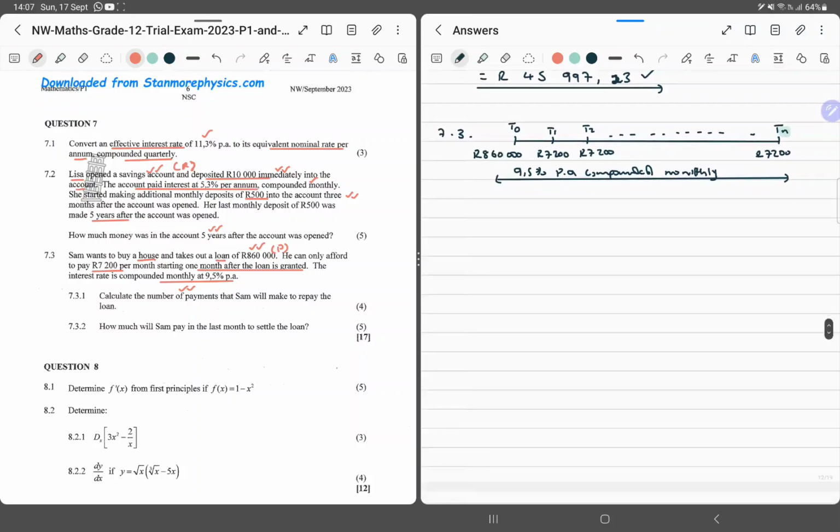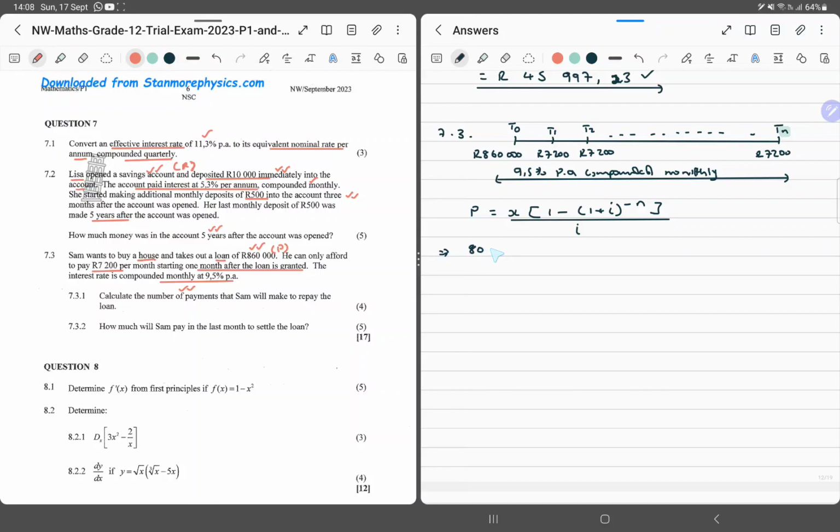Not a problem. We know that the present value calculation says we've got x into 1 minus (1 plus i) to the exponent minus n, all divided by i. Easy. Now, folks, I don't know how you like to do this. For me, substitutions in financial maths, maybe, but I don't like to complicate my life, but let's just do it.